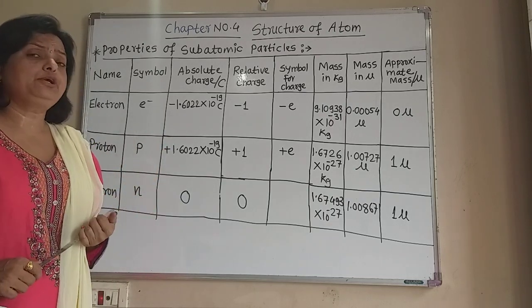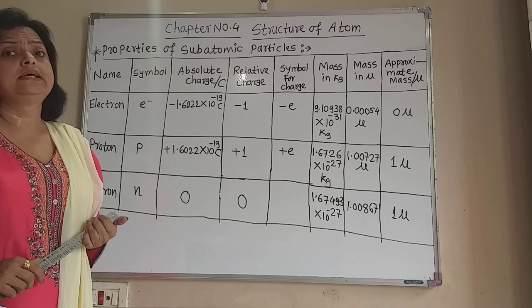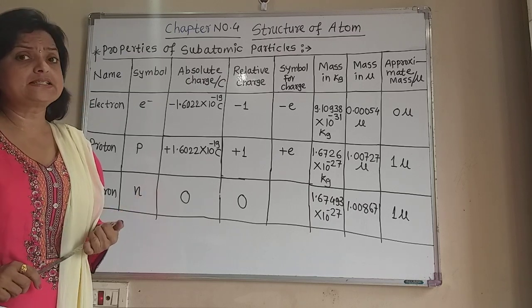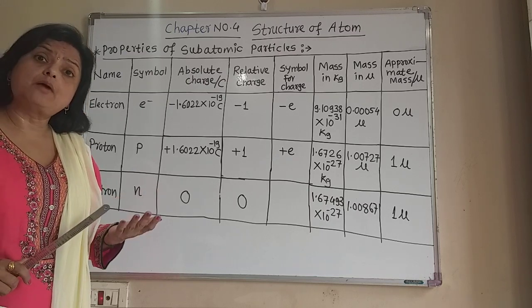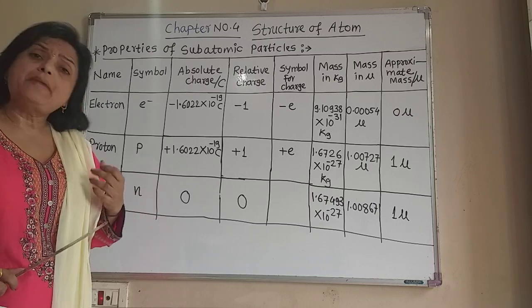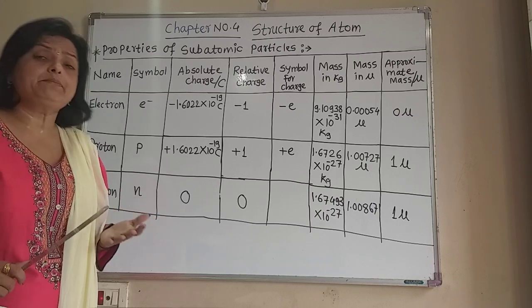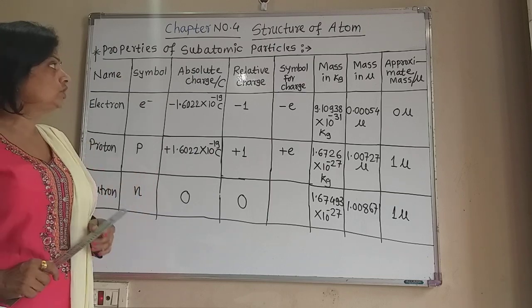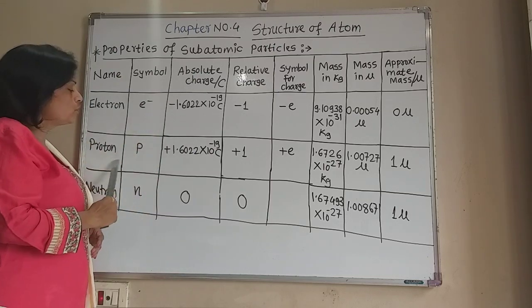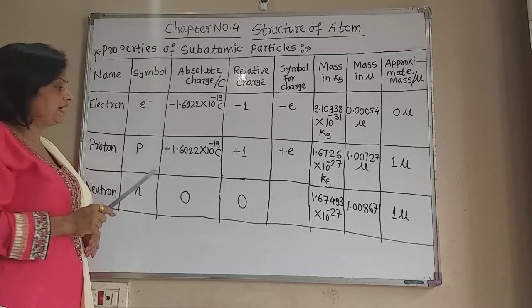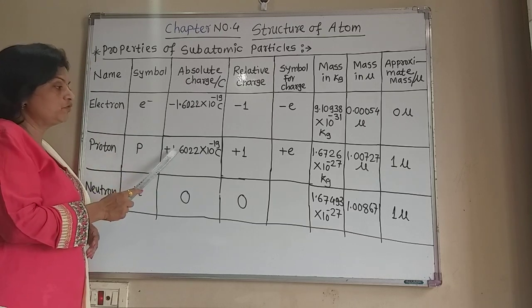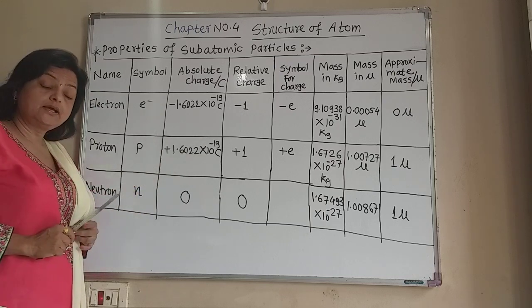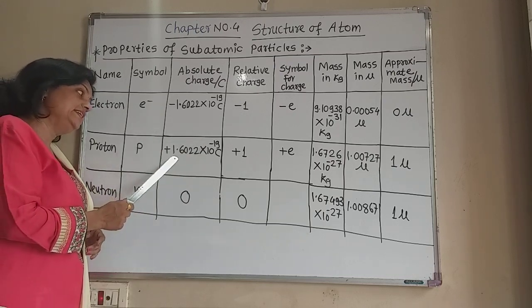As electrons and protons are opposite particles, their charges are opposite, so the magnitude of the charges is the same, but only the sign is opposite. So the absolute charge of the proton also has the magnitude 1.6022 into 10 raised to minus 19 coulomb, but the sign is positive.